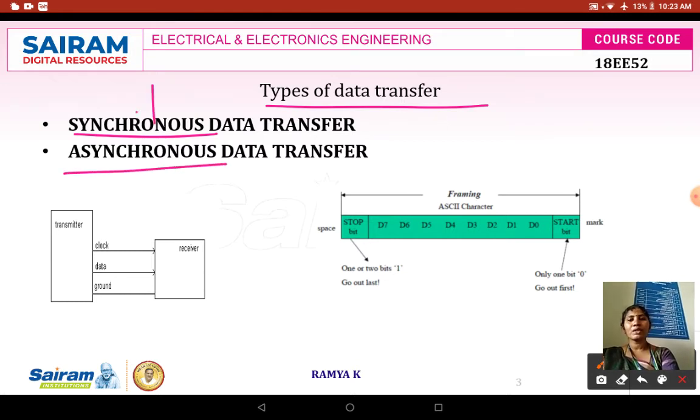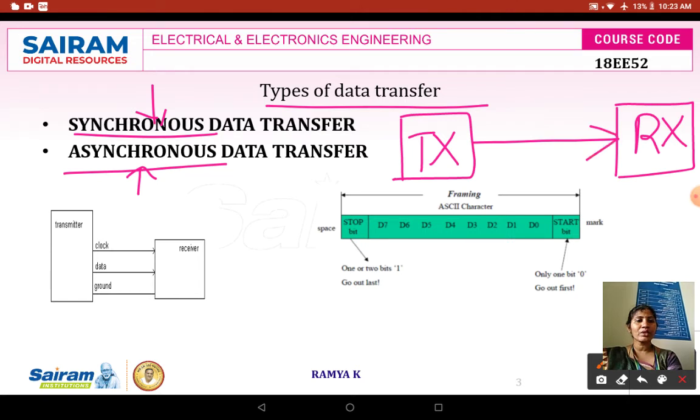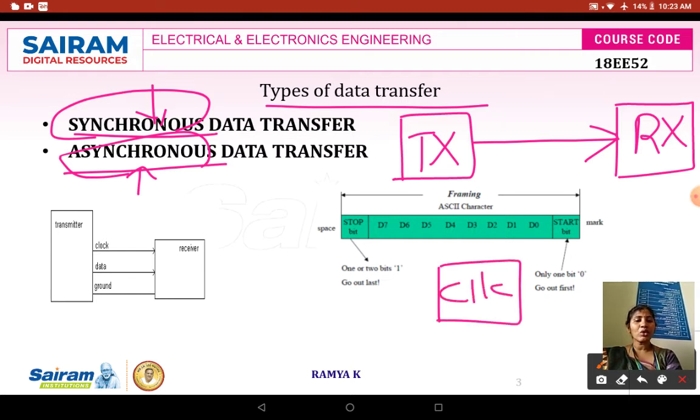The difference between synchronous and asynchronous: during data transmission, there will be a transmitter, which is represented with TX, and we are going to have a receiver, which is represented with RX. When you transmit the data from the transmitting end to the receiving end, the data will get transferred, but synchronous means you will have a clock signal which will enable both the transmitter and the receiver at the same clock frequency.